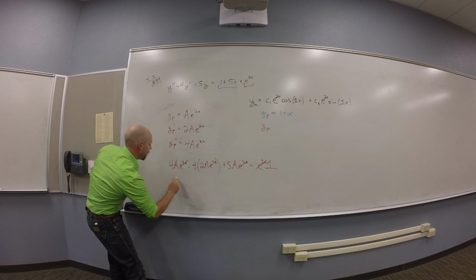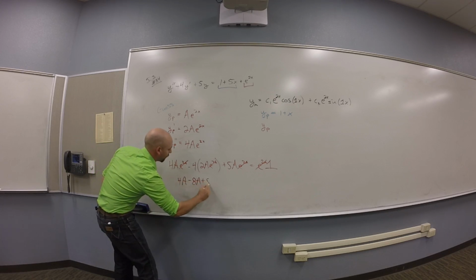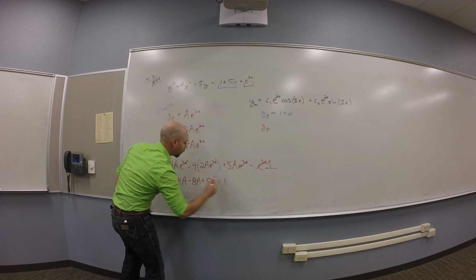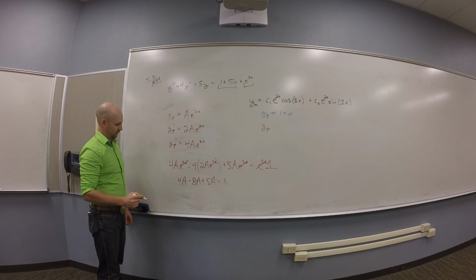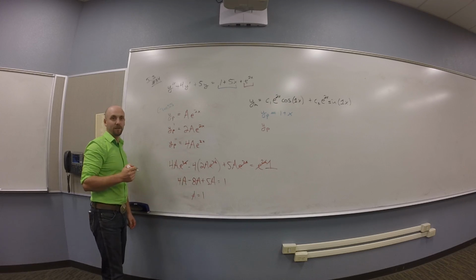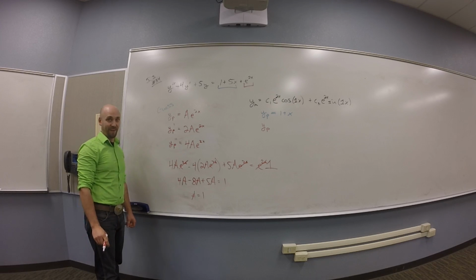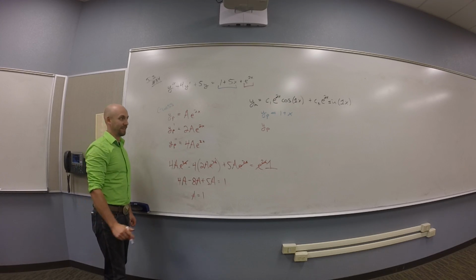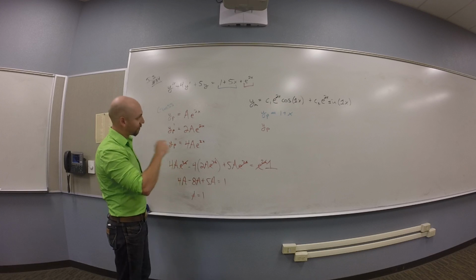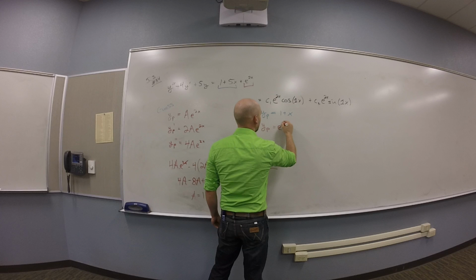So I think I got 4a minus 8a plus 5a equals 1. So a equals 1. Cool. Keep in mind the red a and the teal a from earlier were different, right? So when I found a is 1, what does that mean my red particular solution is? e to the 2x.